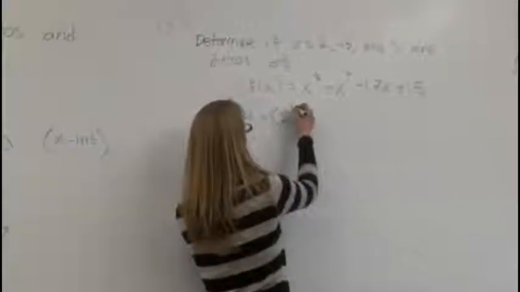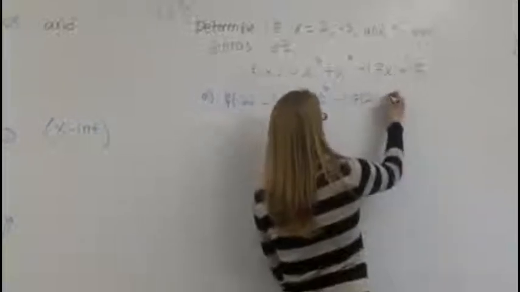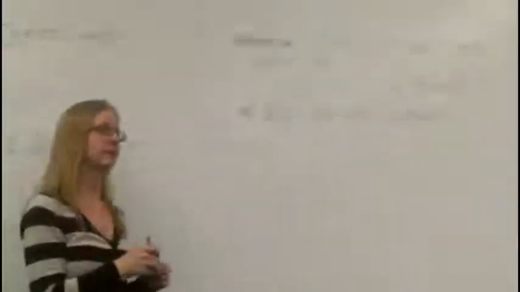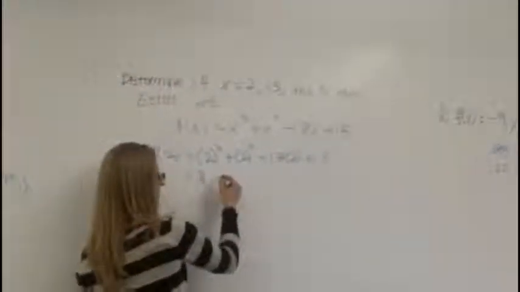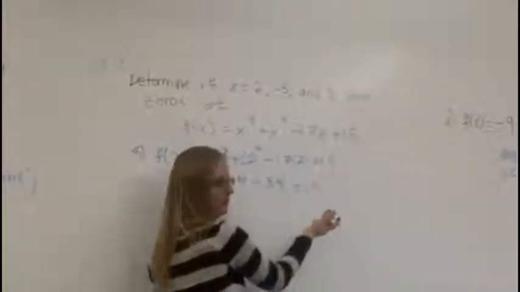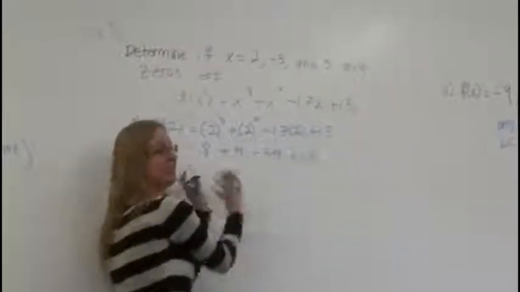2 cubed plus 2 squared minus 17 times 2 plus 15. A lot of you are getting out your calculator, and you really don't want to do 17 times 2. 8 plus 4 minus 34 plus 15. What was the final answer?